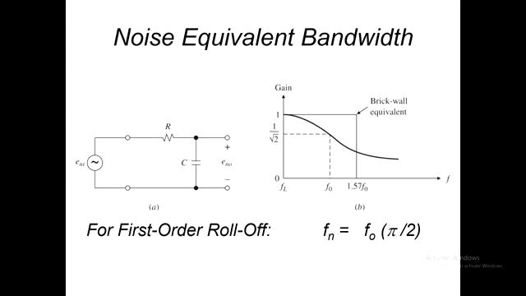For example, it might be the band limiting of a typical op-amp. Now that band limiting will mean that signals get passed to some extent and get rejected to some extent.